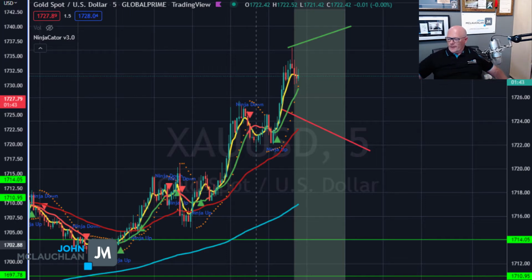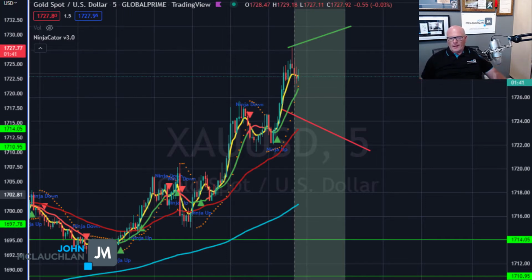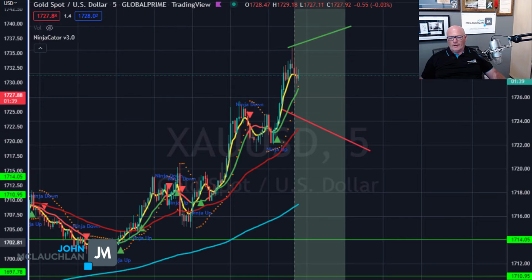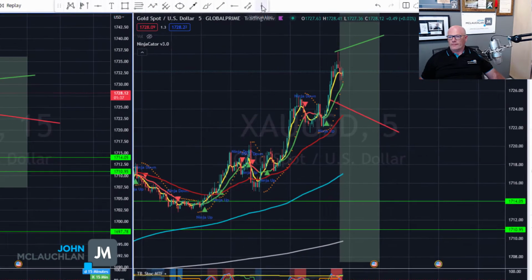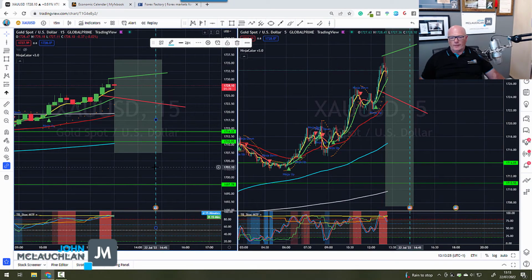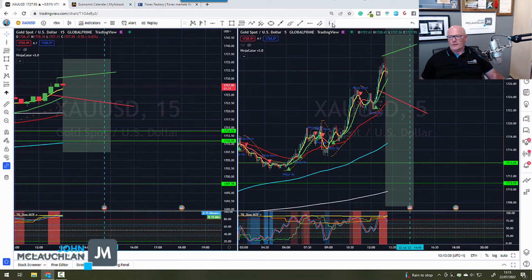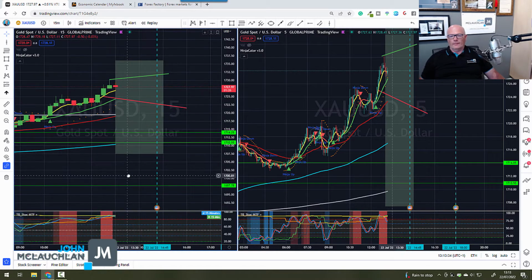One of the things I want to do as well, which I generally do just for my own benefit, is put a vertical line where the news is. There's a vertical line here. Even though this news is at 14:45, there may well be some opportunities to trade before then, depending on the price action.